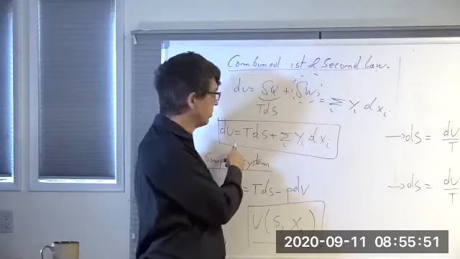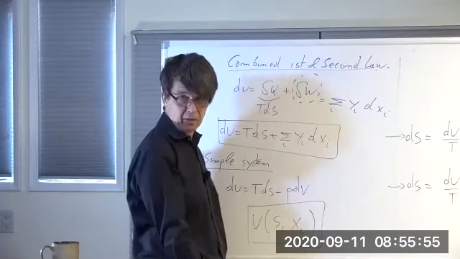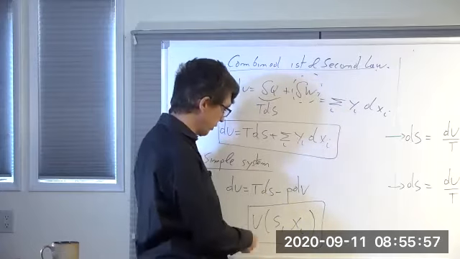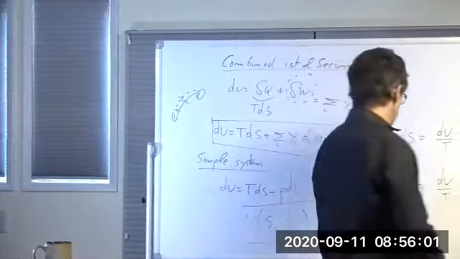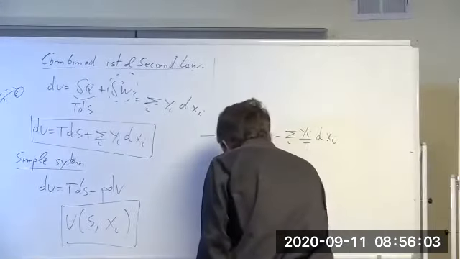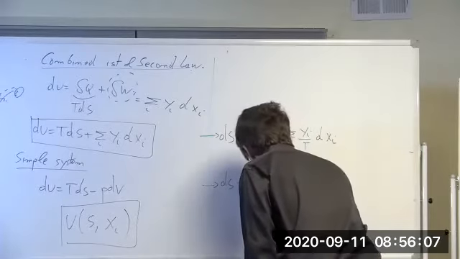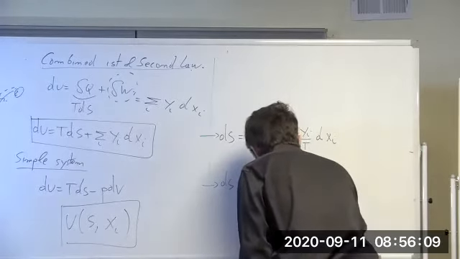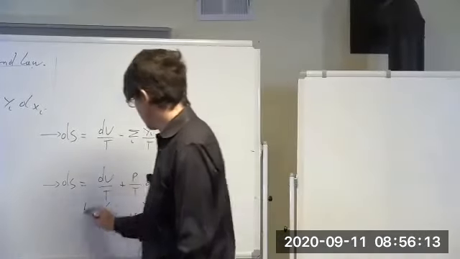Variations of U depend on variations of S and X, right? This is a multivariable differential, so this has to be the functional dependence. And I can say the same for entropy, that entropy has to be characterized by U and Xi, right? Just by looking at the differential.